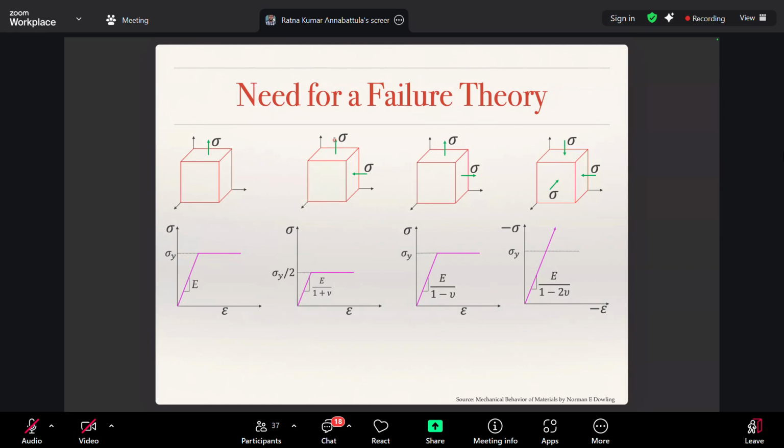So square root of 3 sigma square is root 3 sigma. Root 3 sigma is equal to sigma y. Sigma is equal to sigma y by root 3, 0.577. Understood? That means when sigma is equal to sigma y by root 3, that is when failure happens.